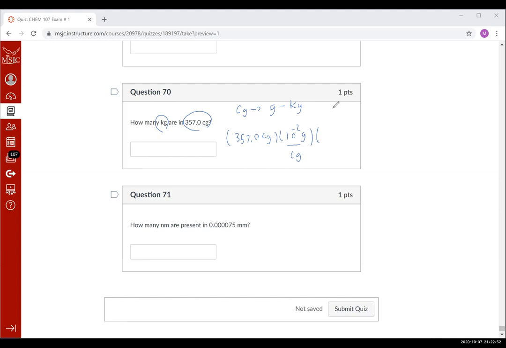And in 1 kilogram, we have 10 to the 3rd gram. That gives us 0.00357 kilograms. Does this make sense to everyone? Any questions on this problem?